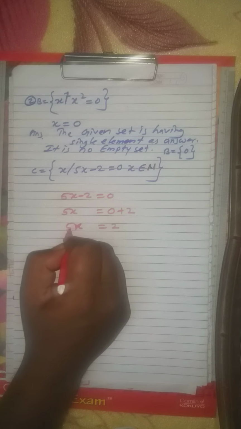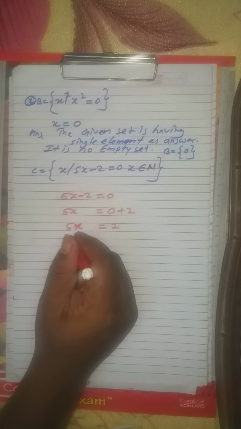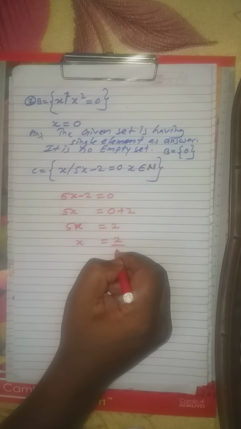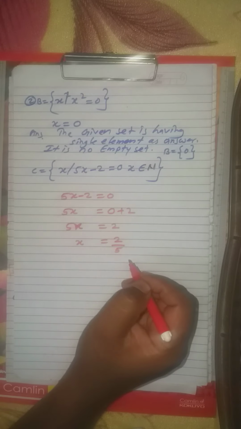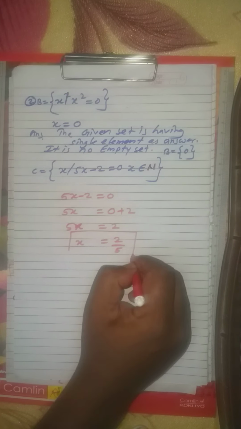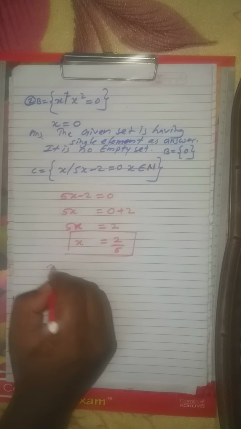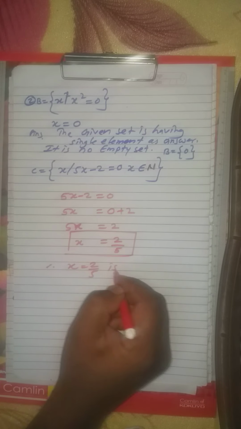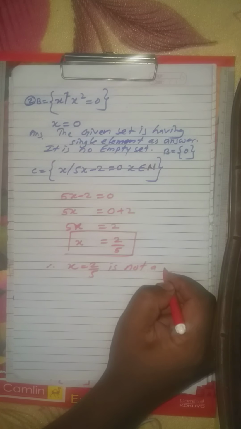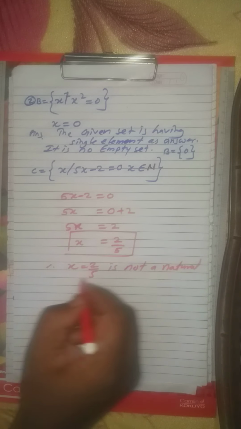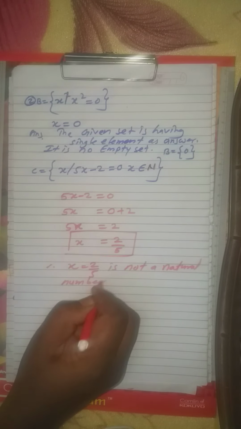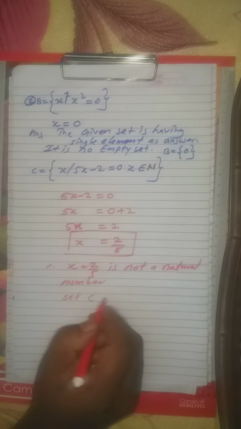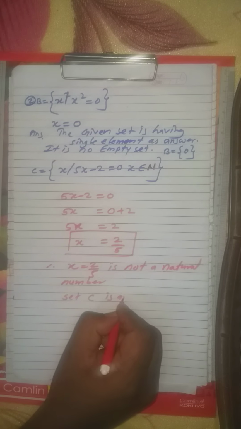Keep x as it is. Between x and 5 there is a multiplication sign, so this 5 will go down to the division, denominator 5 like this. So the value of x is 2 upon 5. Therefore we can say that x is equal to 2 upon 5 is not a natural number. That's why set C is an empty set.